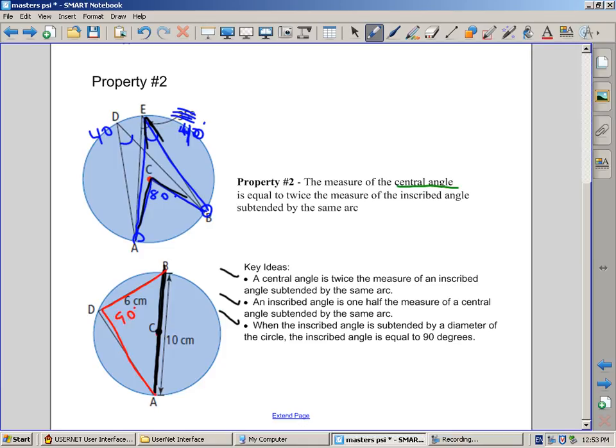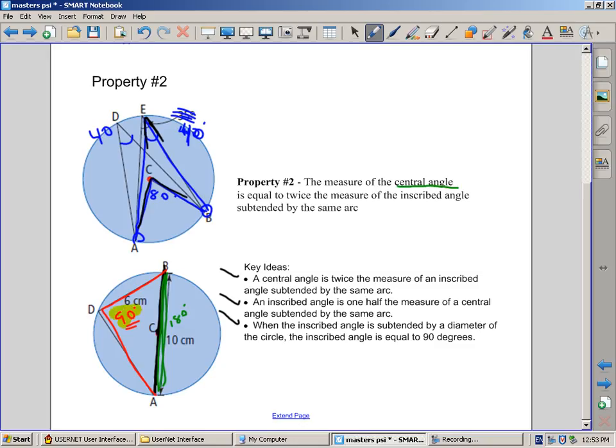The reason we know that it's 90 degrees is because it is always going to be half of what the central angle is. And this diameter right here, a straight line, must be 180 degrees. Therefore, the inscribed angle is going to be half that. And the opposite is true.